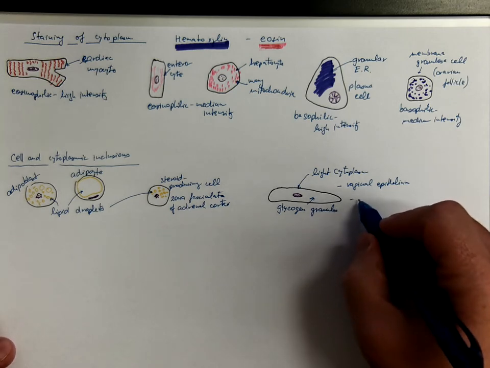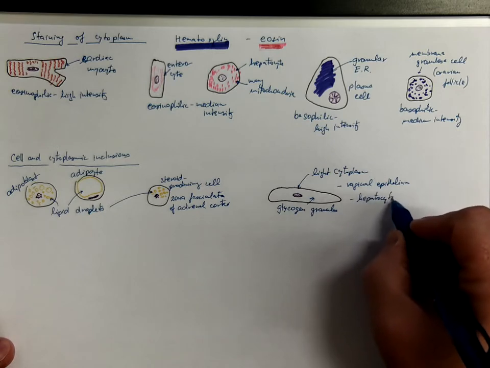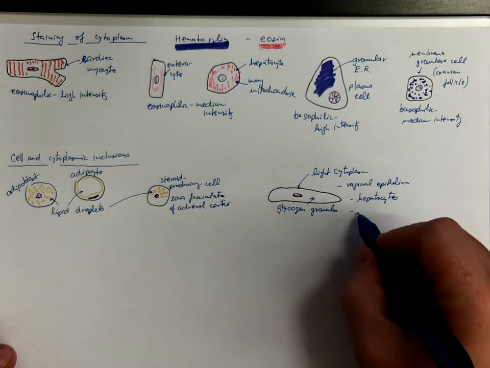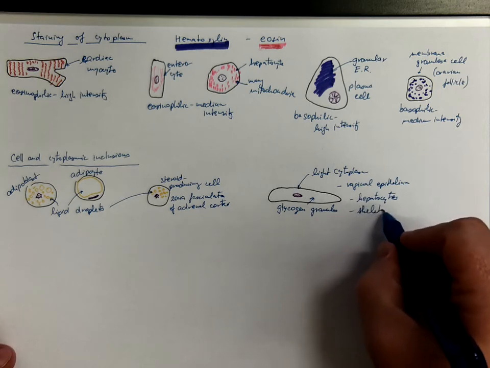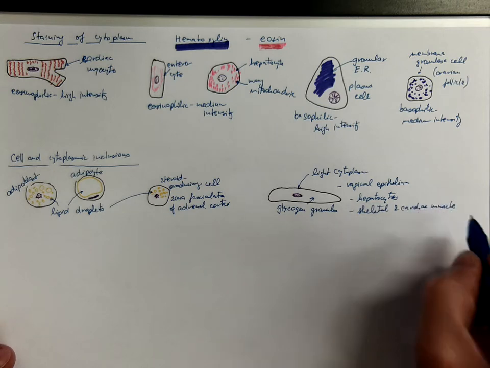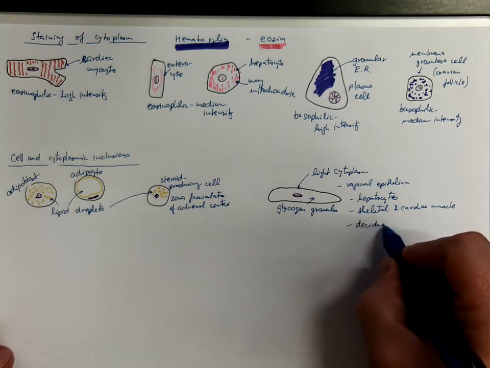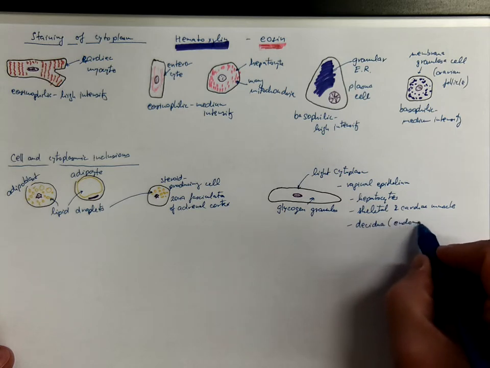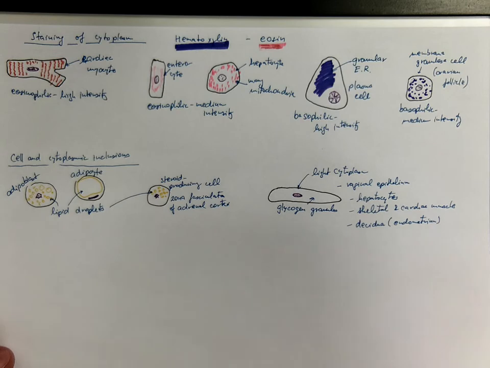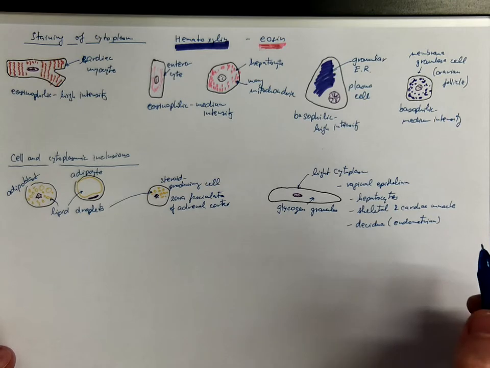There could be hepatocytes, these are other cells that accumulate glycogen. Skeletal and cardiac muscle tissue also accumulates glycogen. And the endometrium, that's the lining of the uterus during the pregnancy, is called decidua. It also accumulates glycogen as a source of energy after the implantation of the embryo.